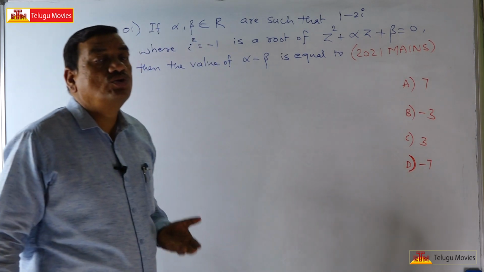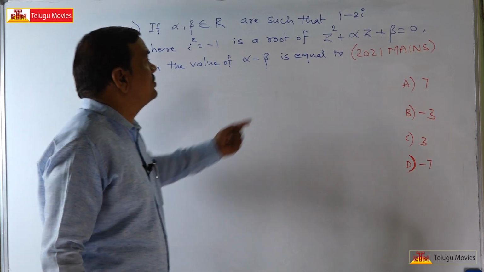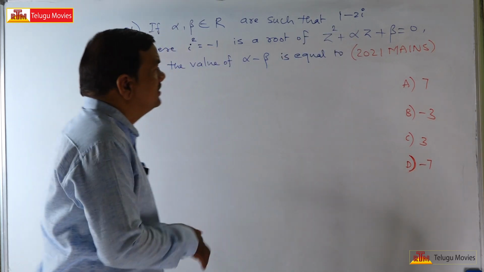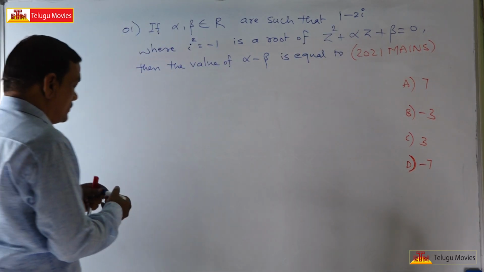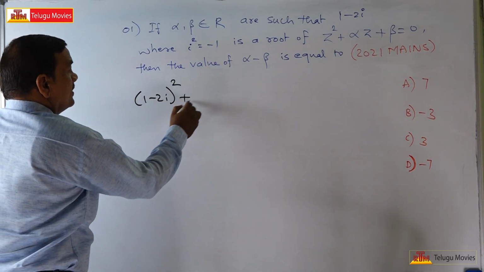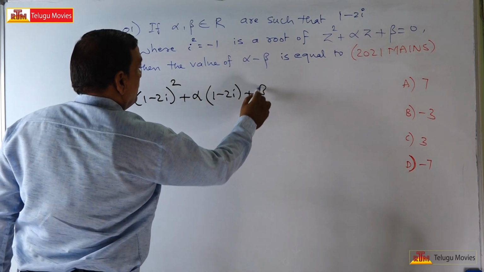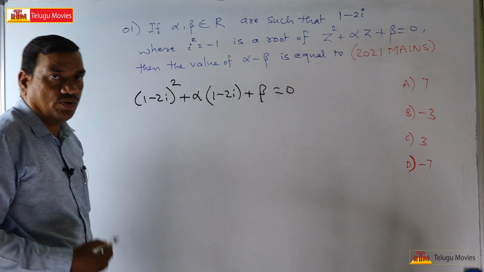Generally what we will do is substitute. Wherever z is there, we substitute 1 minus 2i. That means (1 minus 2i) whole squared plus alpha into (1 minus 2i) plus beta is equal to 0.